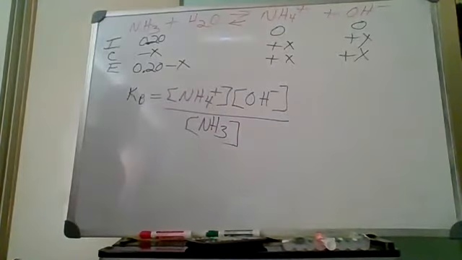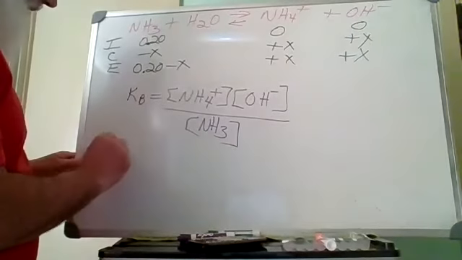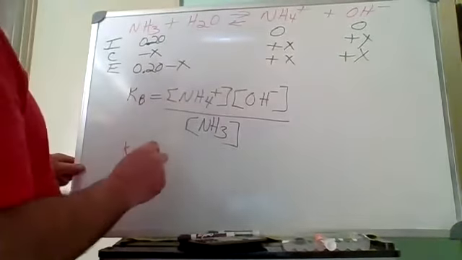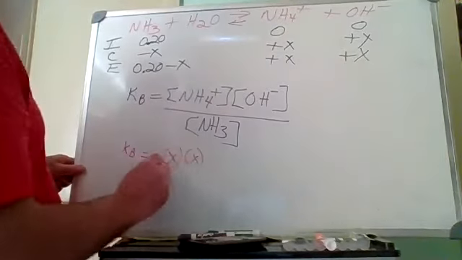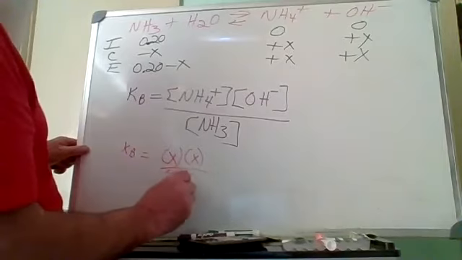Okay, so let's see here. We can go ahead and plug in from our ice table. So Kb equals x squared over 0.20.